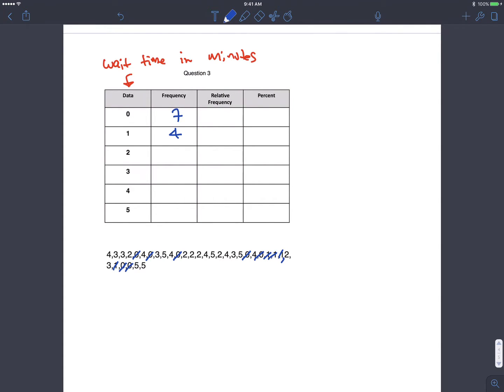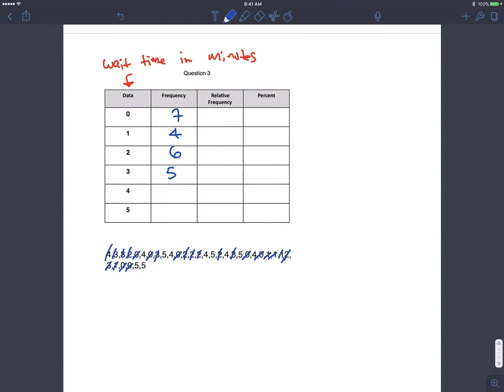The data value 2: 1, 2, 3, 4, 5, 6. It looks like there's 6 twos. How many threes? 1, 2, 3, 4, 5 threes.